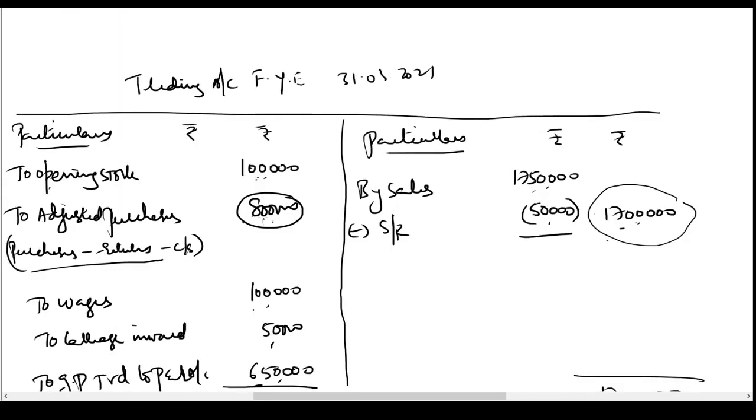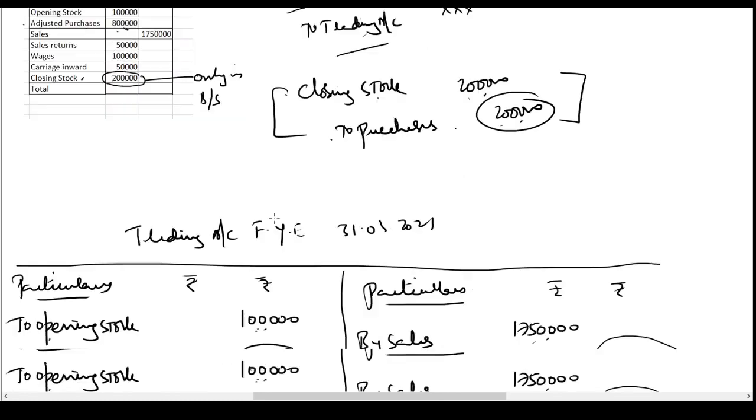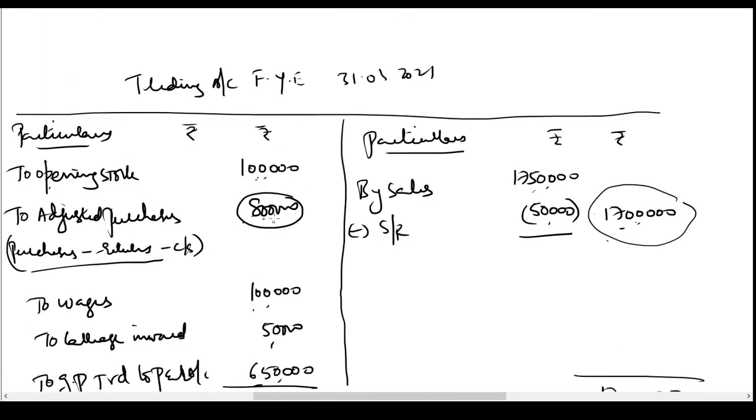Crediting the trading account will result in double subtraction of the closing stock. So the simple point you can remember is closing stock when given inside the trial balance should be shown only on the balance sheet asset side. It has already been reduced from purchases. So this is only the cost price of not all the goods purchased, but the goods which have been sold.